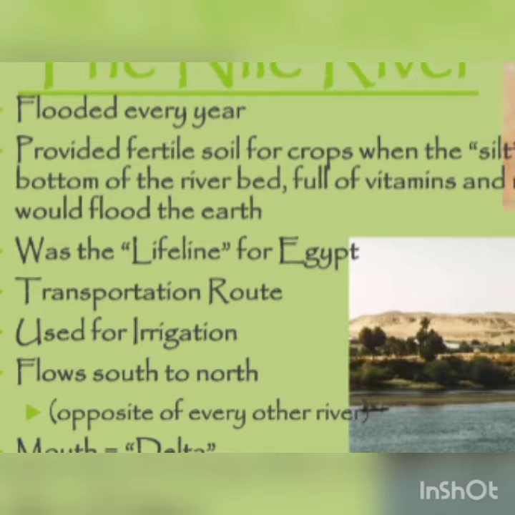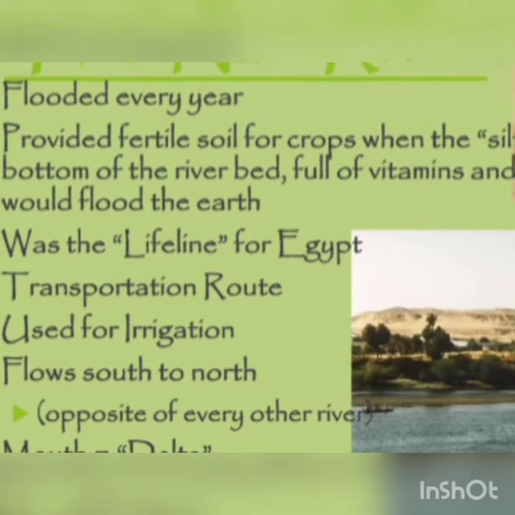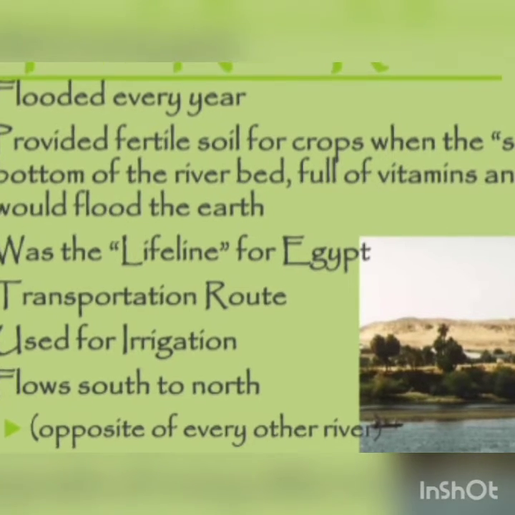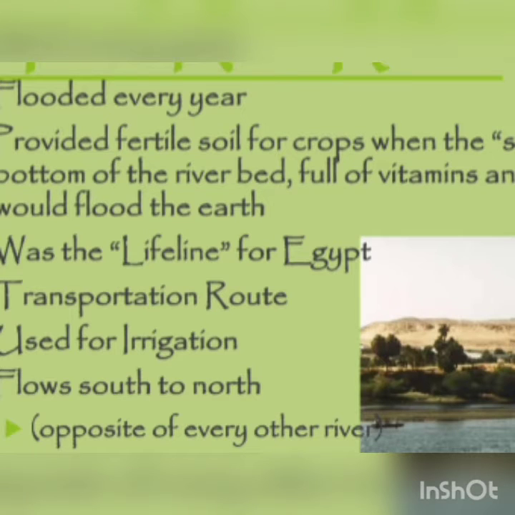So these silts, these vitamins, minerals, everything, will be deposited along the banks of the Nile. When it overflows or the climatic changes differ, it floods every year. So these silts make the fertile soil, depositing it on the banks of the Nile.